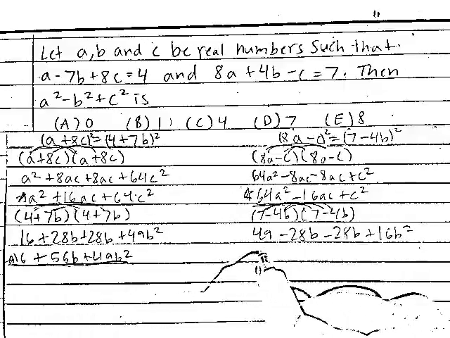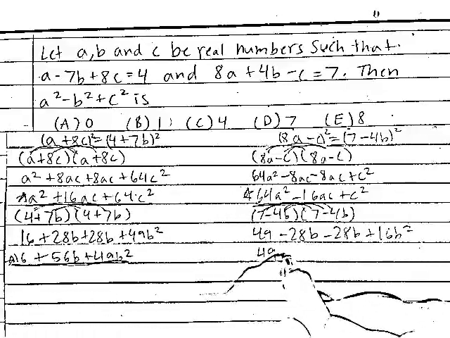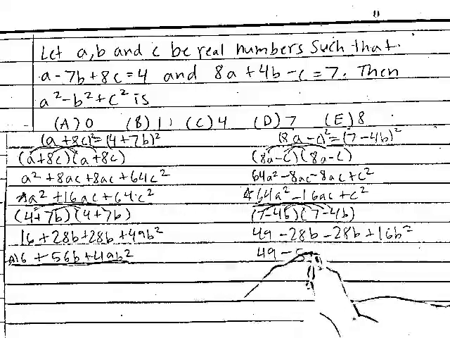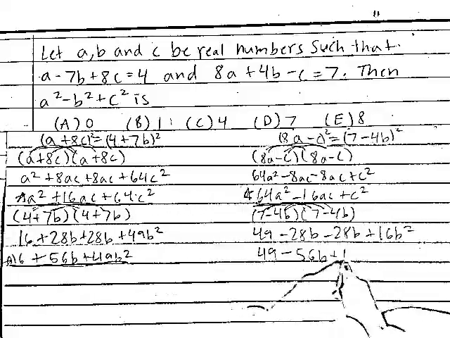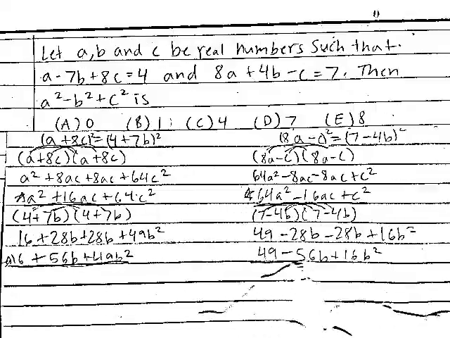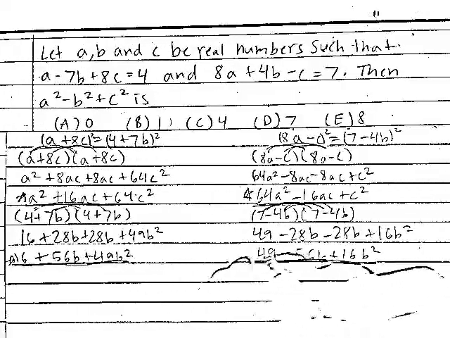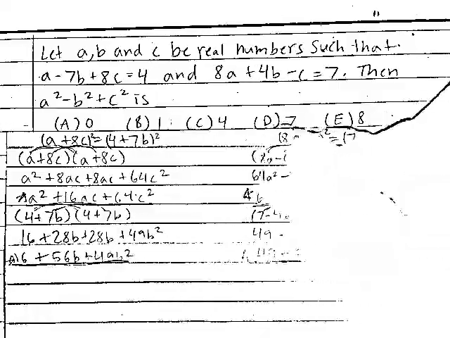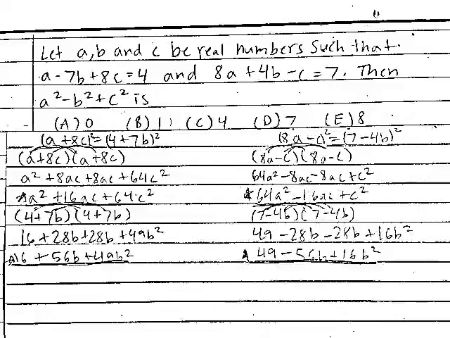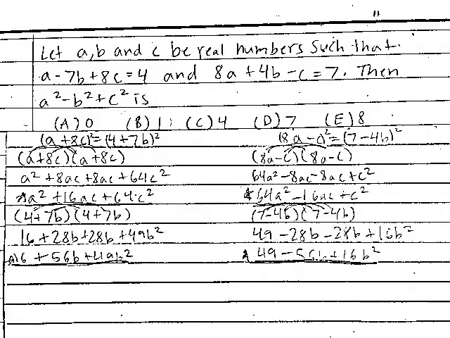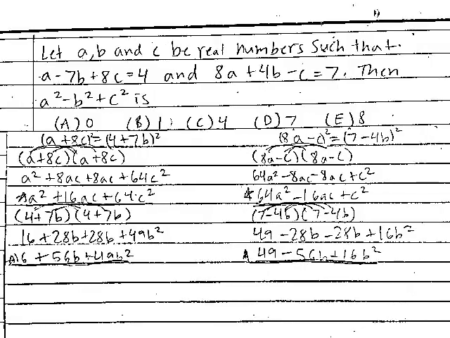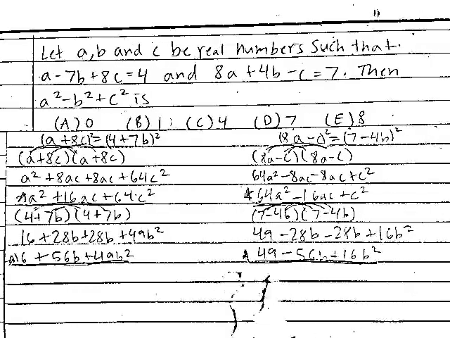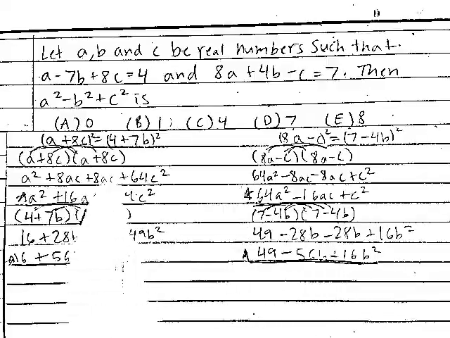Then we're going to simplify this, so it'd be 49 minus 56b plus 16b squared. Another triangle, because these are equal. So now we know that these are equal and this is equal.